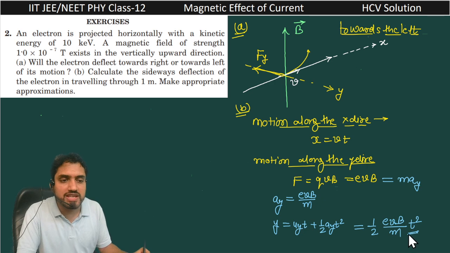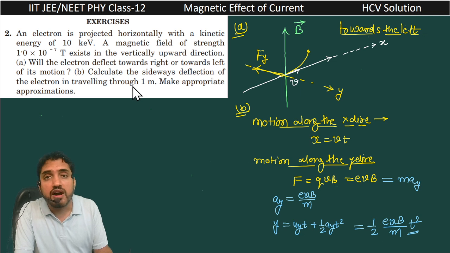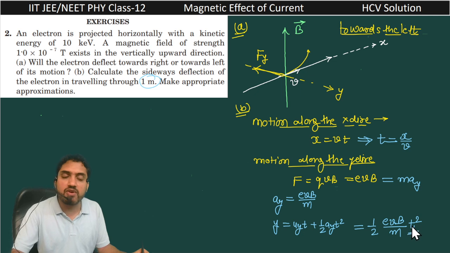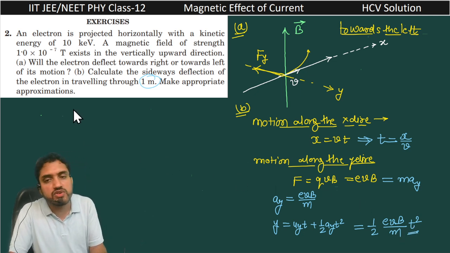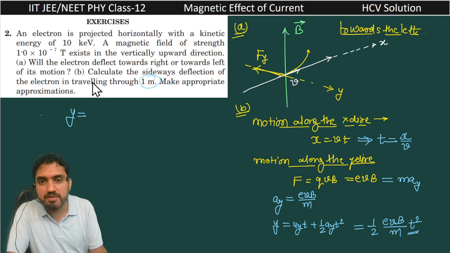Now t is the unknown variable, but we know the displacement along the x axis, which is given as 1 meter. So we can find t from this, and t is equal to x by v. If we place this value of t in the equation, we can find the displacement along the y direction, which is what we need in this B part.